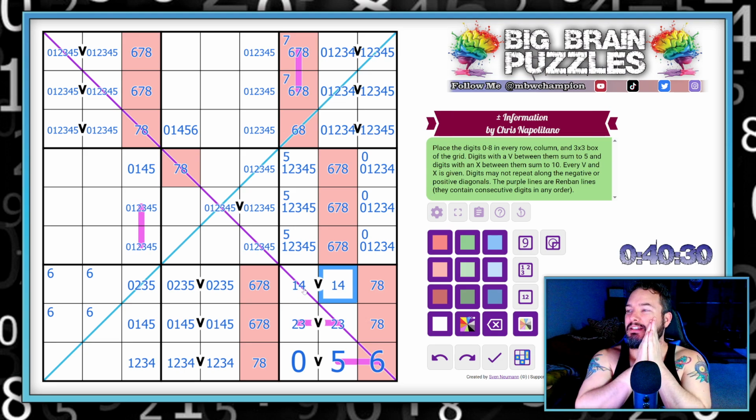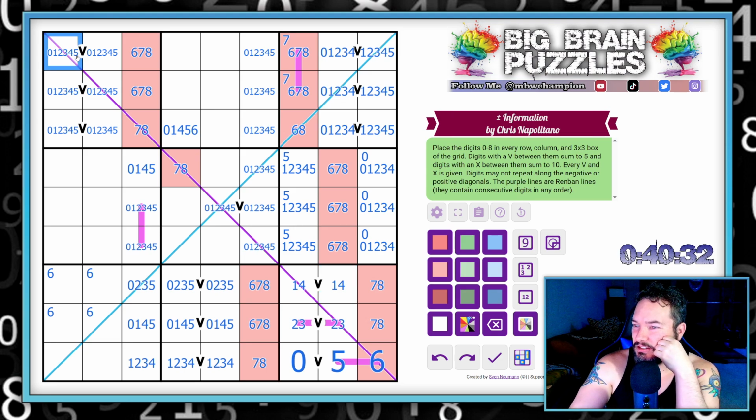God, what am I missing? Can I do this somehow? Wonder if I could do some of that same logic over here. Let me see. So like, no, it's because it's diagonal. It's gonna go this way.